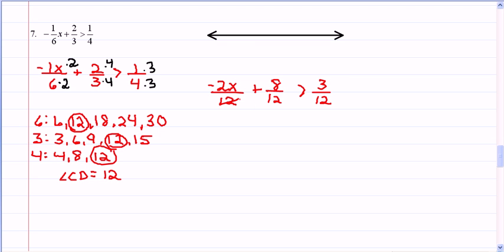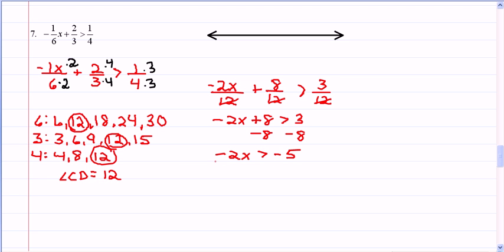And now I can cancel all of the 12's and get negative 2x plus 8 is greater than 3. And if I subtract 8 from both sides, negative 2x is greater than negative 5.